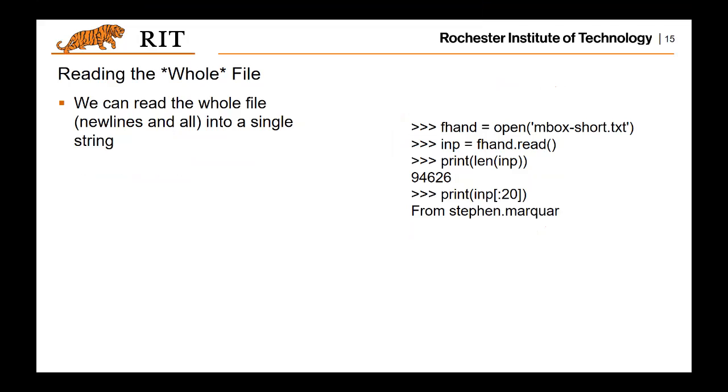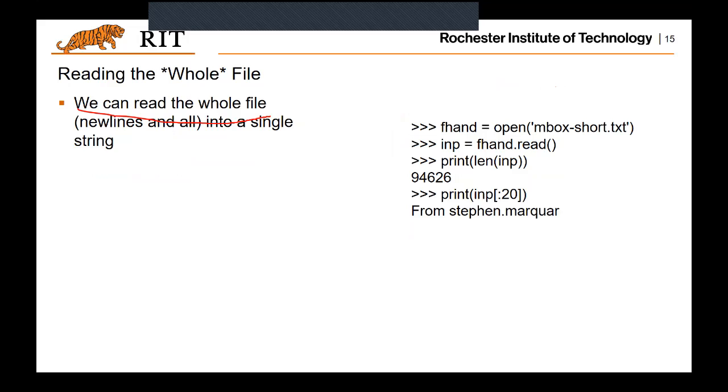Alternatively, we could read the whole file, including the new lines and all other characters, into a single string. That's also possible. Again, we have this open function, and once we open this mbox-short.txt file, we can return the handle and assign it to this variable f hand.